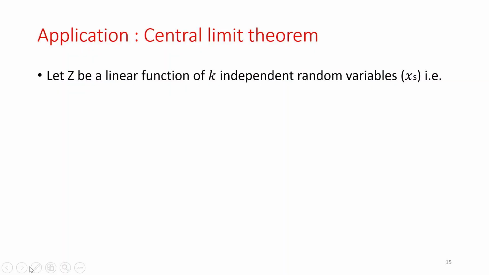Application of the central limit theorem. Let's say Z is a linear function of k independent random variables. So Z is a1 x1 plus a2 x2 plus a3 x3 up to ak xk.